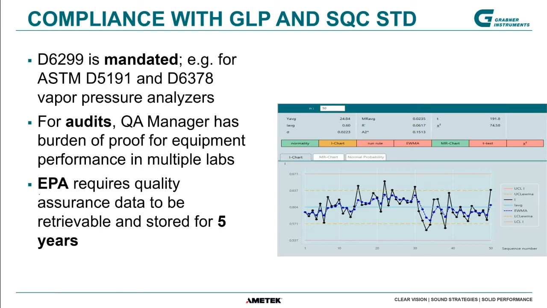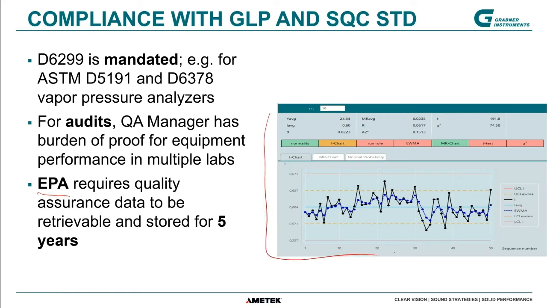And also the Environmental Protection Agency and the Ministry of Energy and other similar organizations require that a quality assurance can be traceable for the instruments. And that's very important, and we are complying with this. You cannot delete these quality assurance results, and they are stored for 5 years.